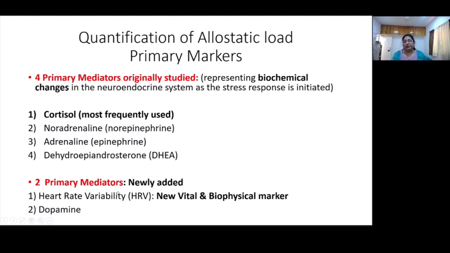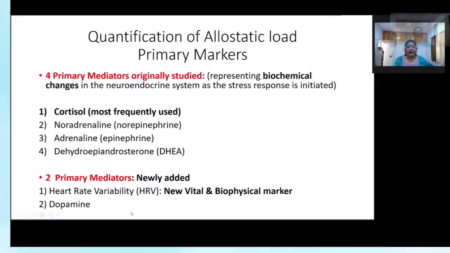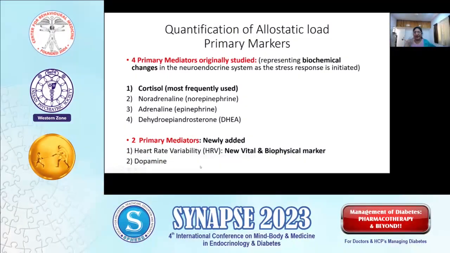The rest are biochemical markers. So they represent the body as a biochemical structure, while HRV tries to represent the whole body as a biophysical construct. This is the basic difference.